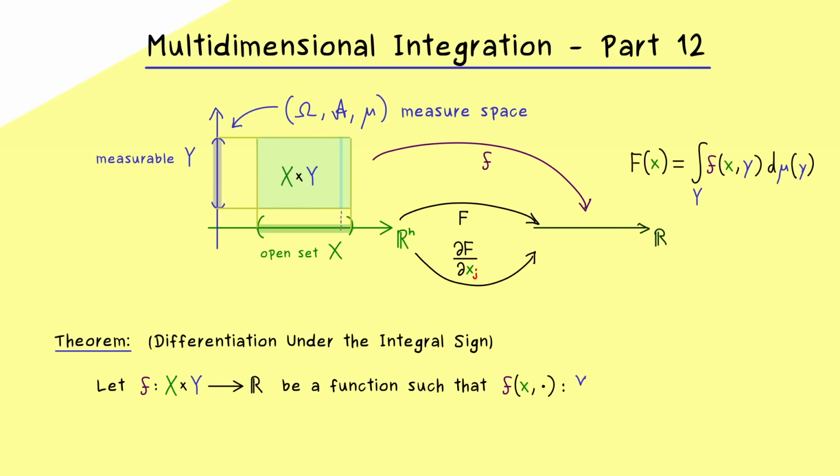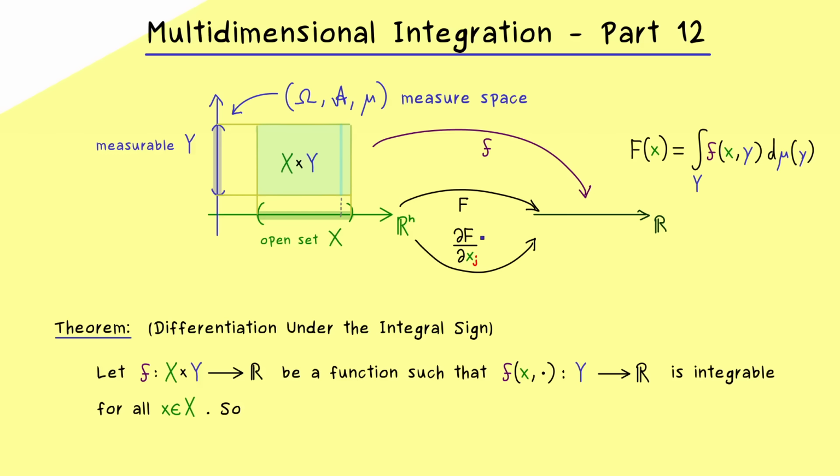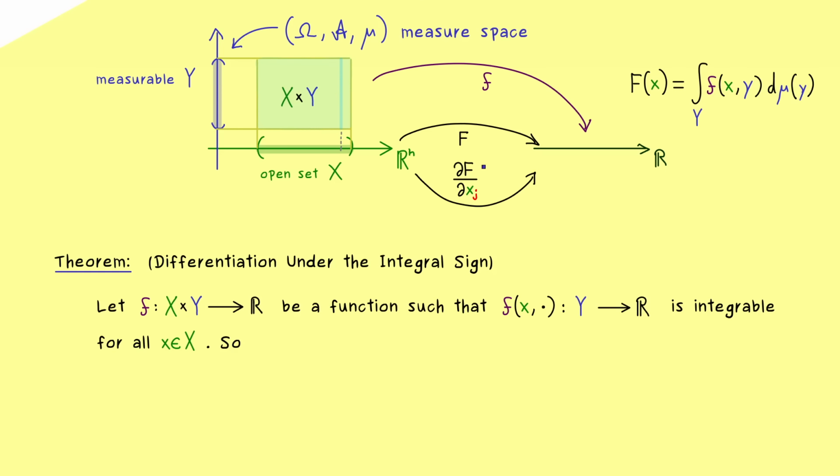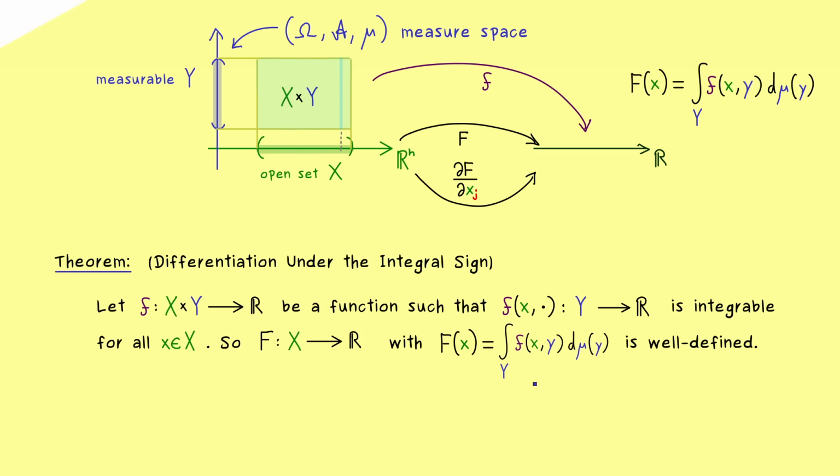This means if we look at the function that is only defined on the set Y, then this should be an integrable function. So it's integrable with respect to our measure mu, and it does not matter which x in our set X we fix. So this implies that our function capital F is well defined on X.